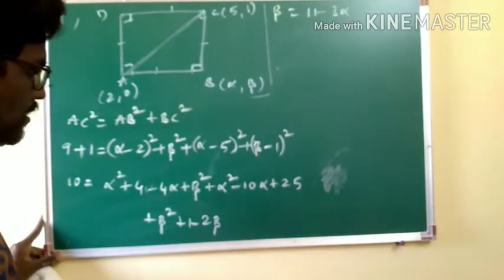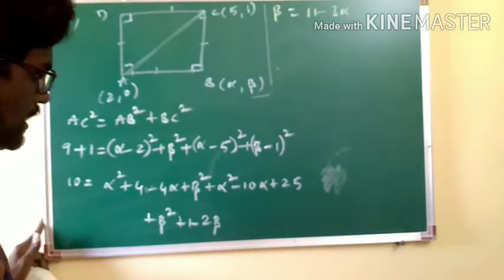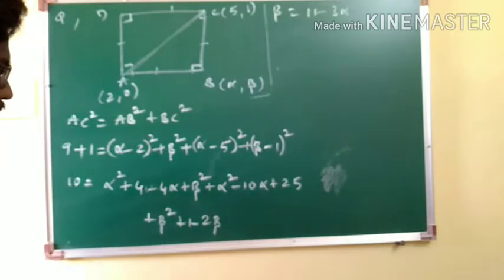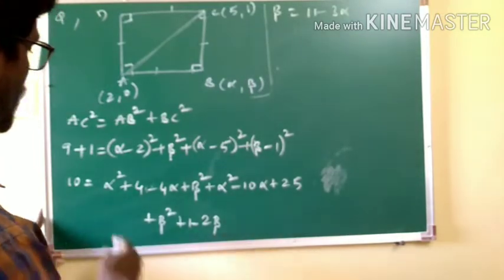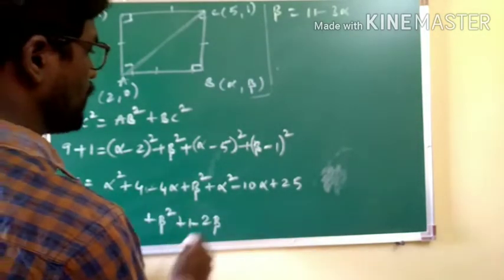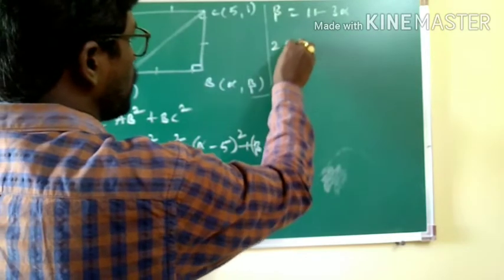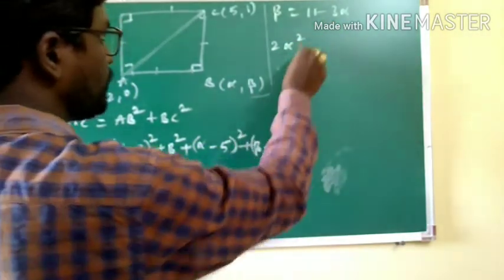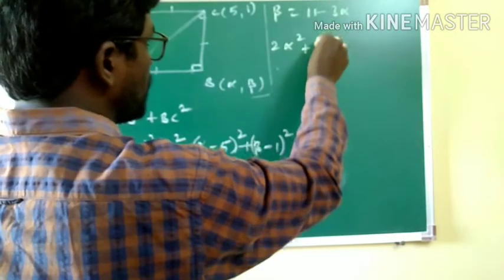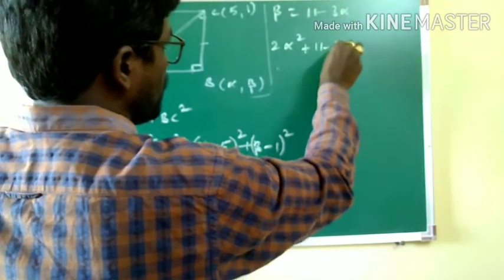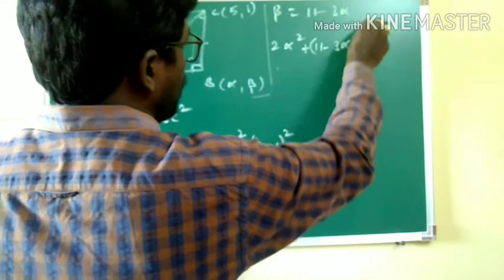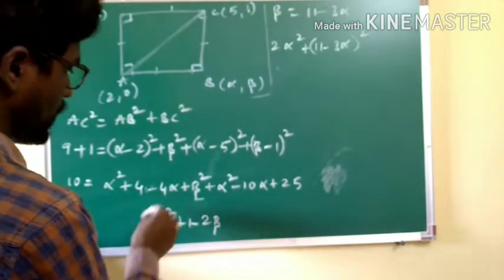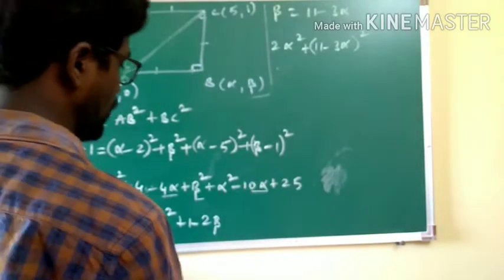Any terms that can get cancelled here? No terms. Okay, so here we have alpha square plus alpha square, that is 2 alpha square, and beta square. Beta I am going to replace by 11 minus 3 alpha, that is 11 minus 3 alpha whole square. And what are the alpha terms? Minus 4 alpha, minus 10 alpha.